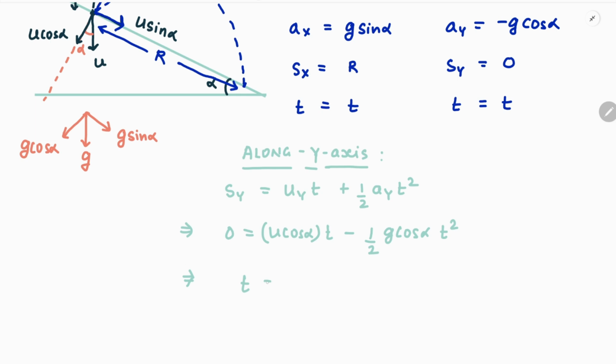On solving we obtain t equals 2u cos alpha by g cos alpha. So cos alpha cancels out and we get this time t. This is not the answer to the problem.